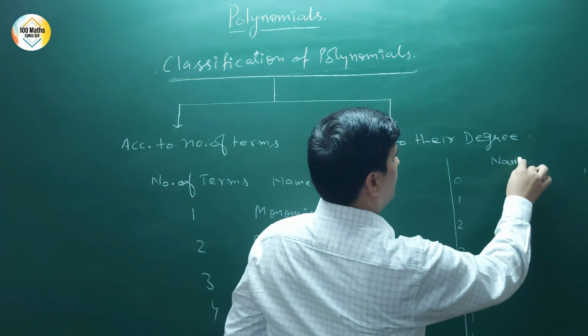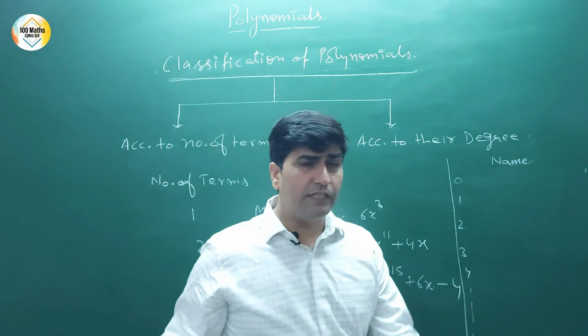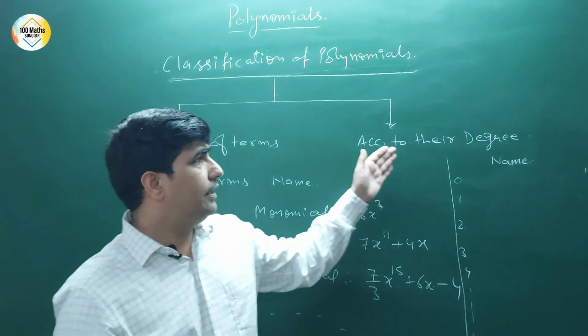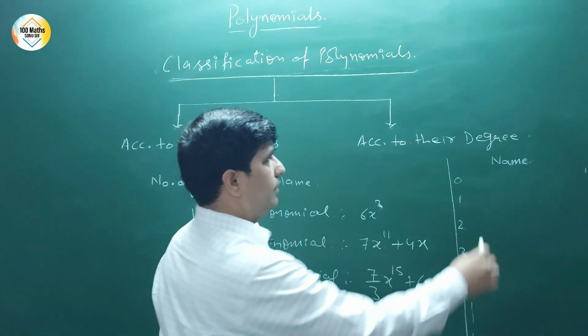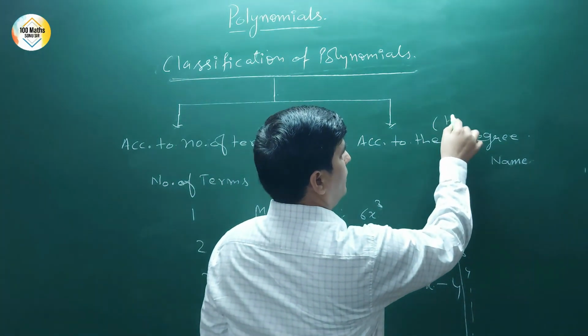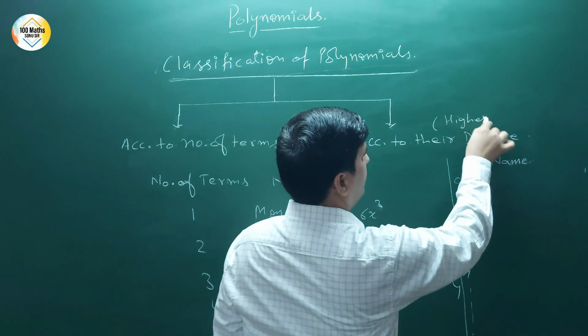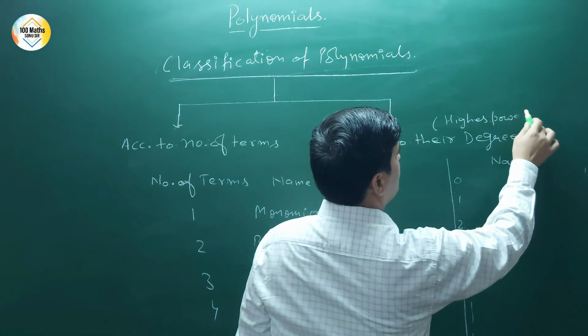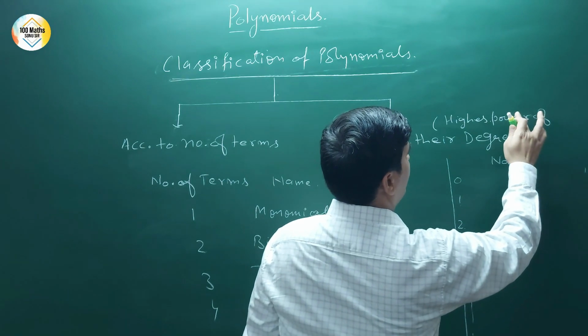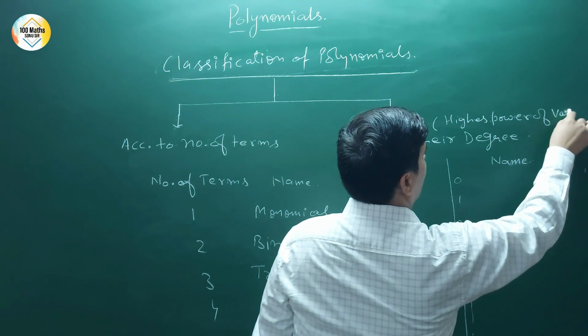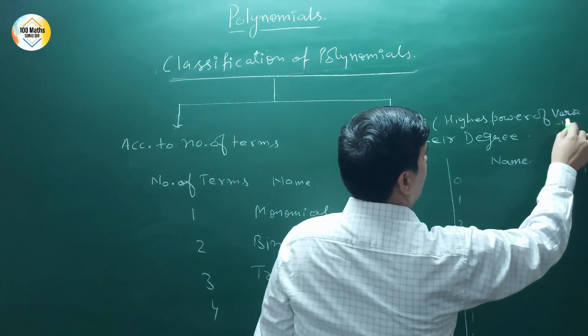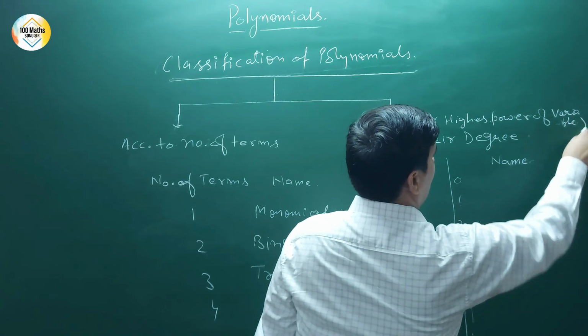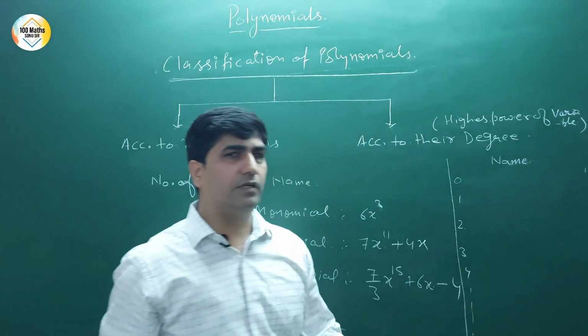You know what is the degree of a polynomial? Degree is highest power of variable. Degree means it is the highest power of variable involved in it. Highest power of variable is called degree.